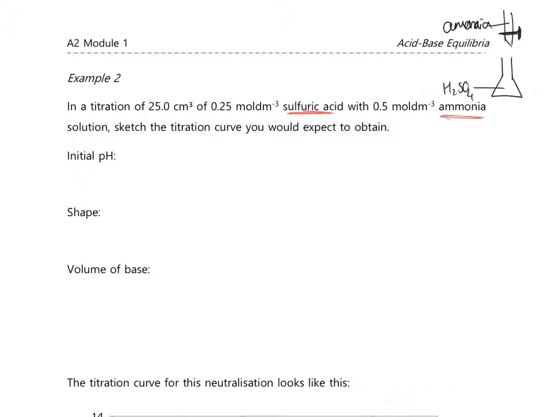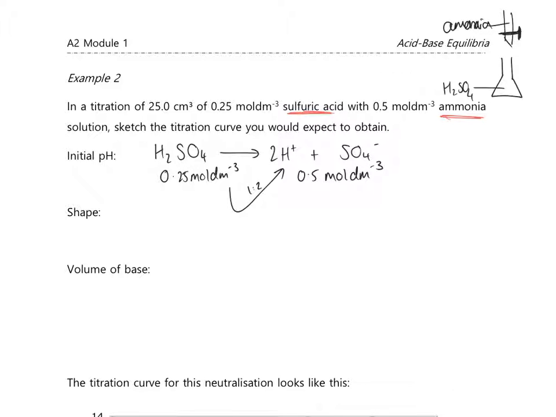So initial pH, this is where you need to be a little bit careful because you've got sulfuric acid this time, which is H2SO4, which dissociates to give us how many hydrogen ions? 2. And then your sulfate ion. So the concentration of my sulfuric acid is 0.25 moles per decimeter cubed, but my ratio is 1:2, so that means the concentration of hydrogen ions in solution is going to be 0.5 moles per decimeter cubed.